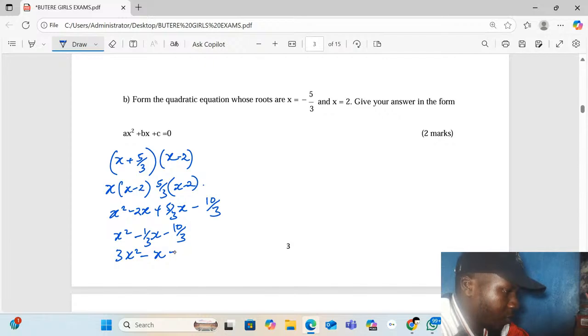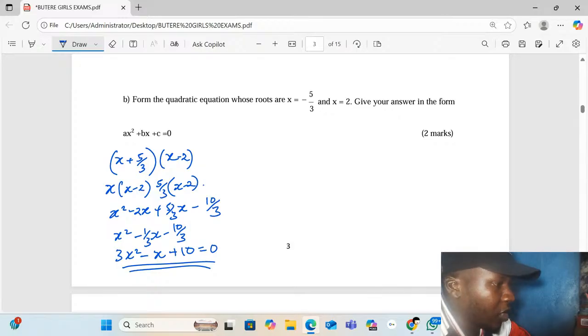Then now minus 10. So remember our equation, we are supposed to leave it in the form ax squared plus bx plus c is equal to 0. So 3x squared minus x minus 10 is equal to 0. And this one now becomes our final equation.